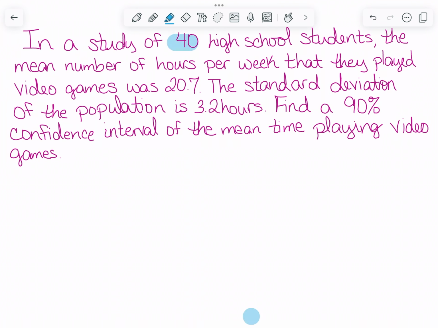We do have 40 high school students. That'll be my value of n, my sample size. We also know their mean was 20.7. That'll be my x bar. And we know this population standard deviation is 3.2. That will be my value of sigma.